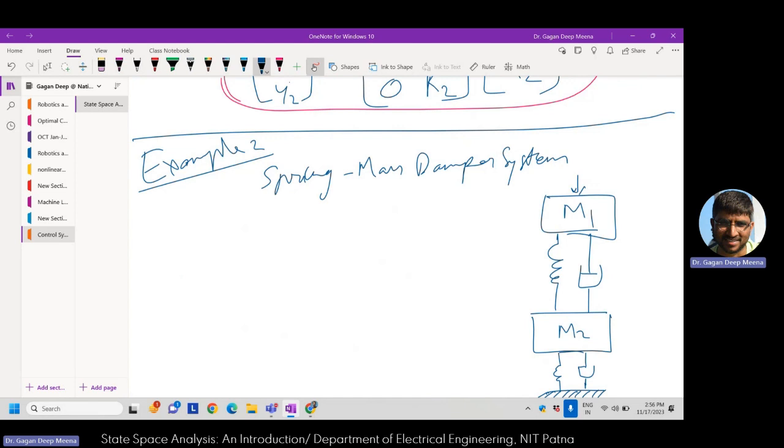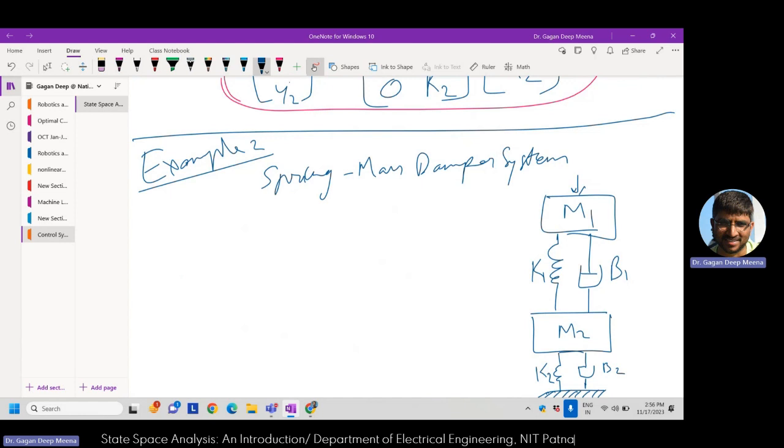So this is the spring mass damper system, and this is the mass M1 of this particular setup, and we have a spring here, that's K1. There is a first damper, that's B1. Another damper is B2, and another spring is K2.